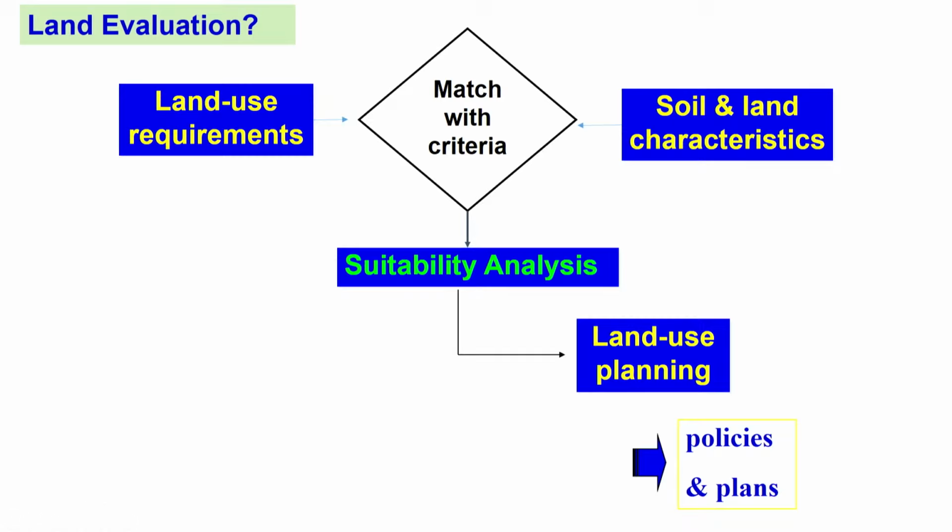For example, for forest, soils should be deep, or for agricultural crops, for paddy or wheat, requirements are different. So we get the requirements from the literature, then we compare both, we match them, and we can find out the suitability analysis. If you assess the suitability, then you can prepare the land use plan, and then you can prepare the policies and plans for the area.